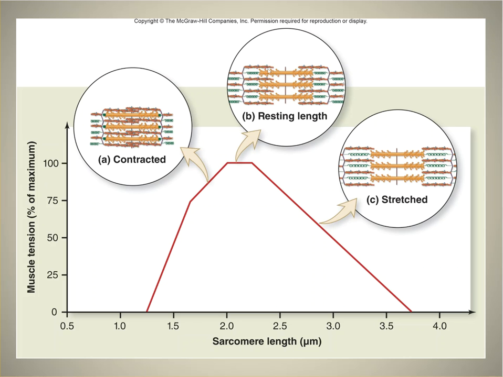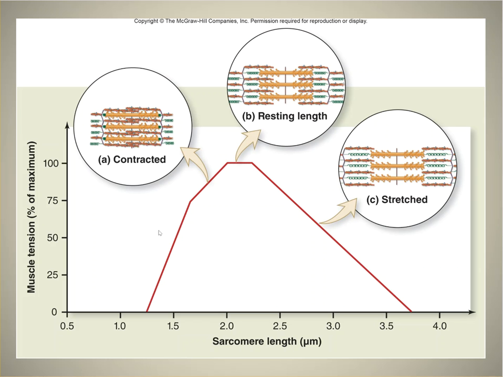It's called a resting length when you have a certain amount of overlap between thin and thick filaments, but not too much. If it's too stretched, there's not enough overlap, and there can't be many cross bridges forming, and it won't generate as much tension.